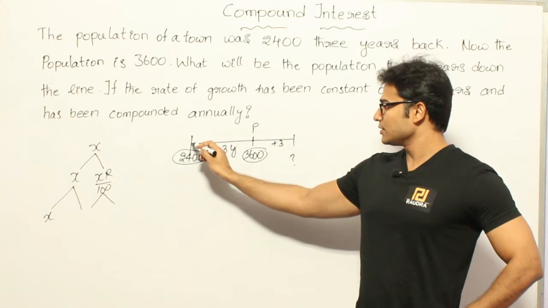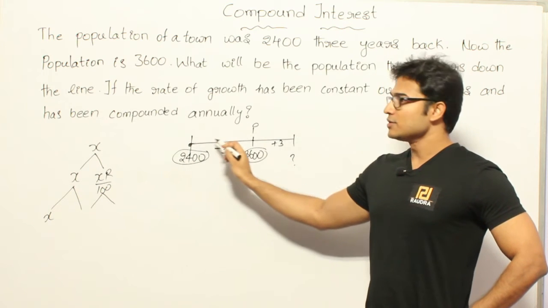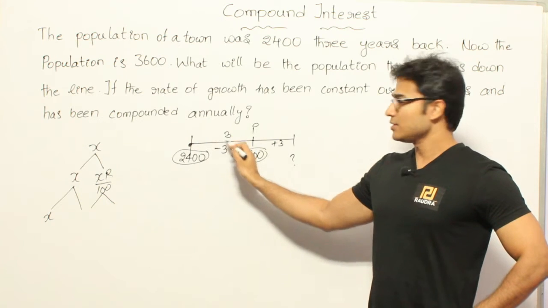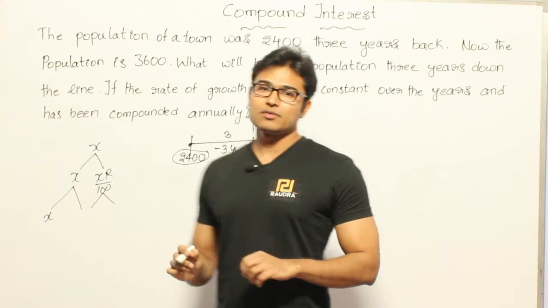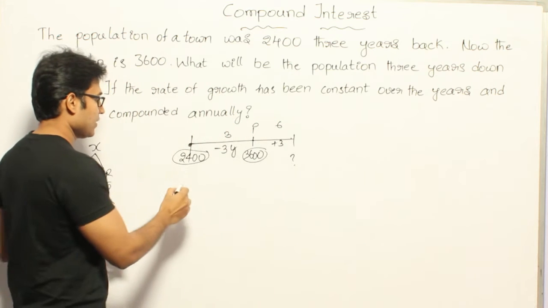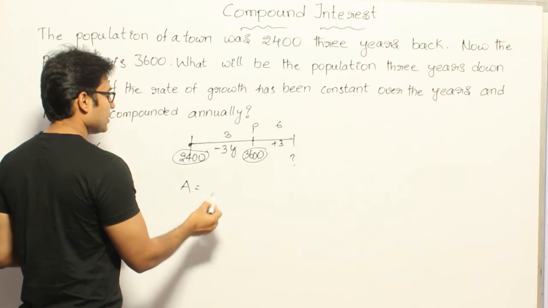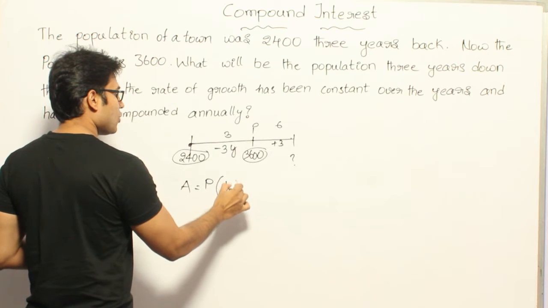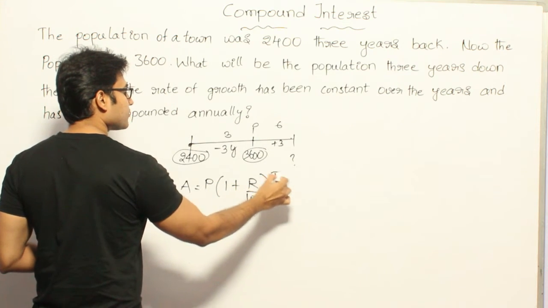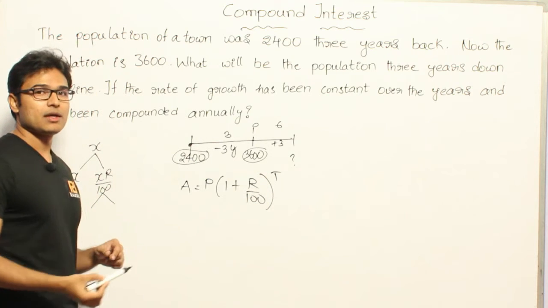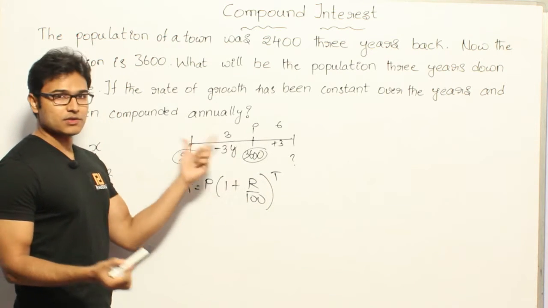So if you take this one as the starting point, this one is going to be after 3 years, and the number they are asking for is after 6 years. Got it? So let's try to observe this. Now assume that the amount is P into (1 + r/100) to the power t. Now you can assume that the rate is constant.